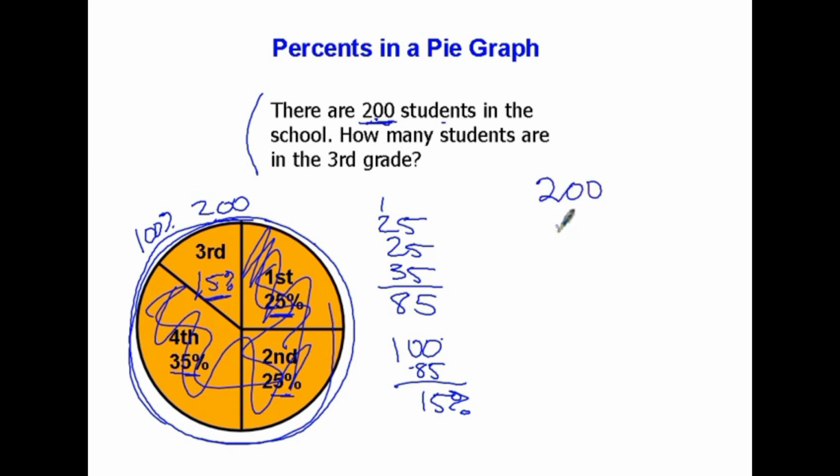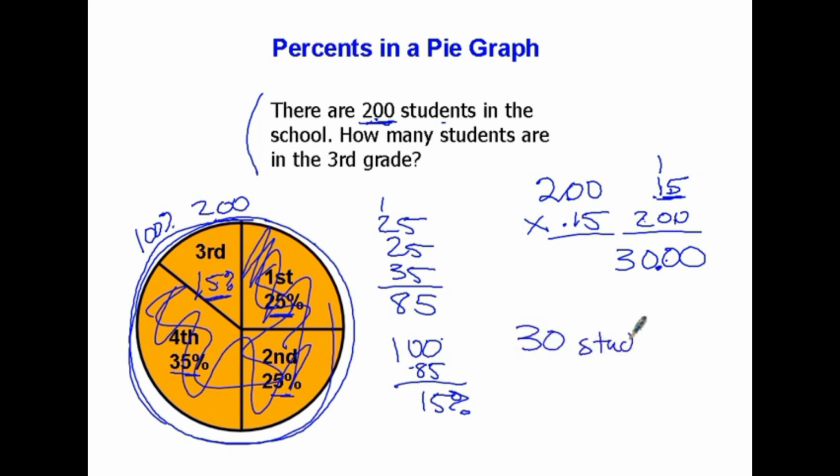But here, the question says how many students are in the third grade, not the percentage. So what we'll do here is take the 15% for the third grade of the 200, which is the total number of students. If that is done, it gives us 30 students. So we now know that 30 students are in the third grade.